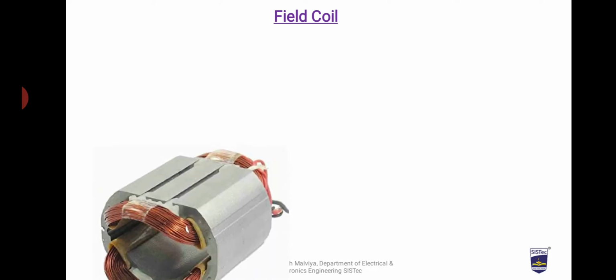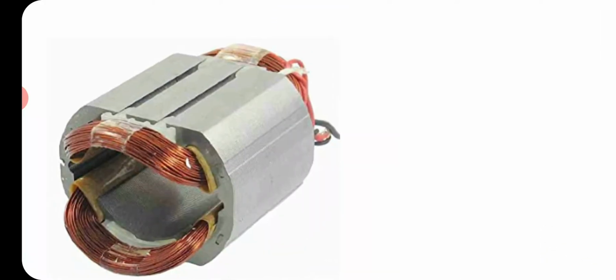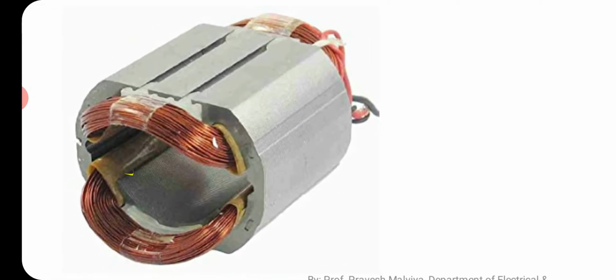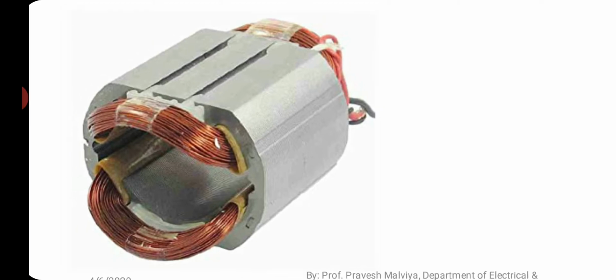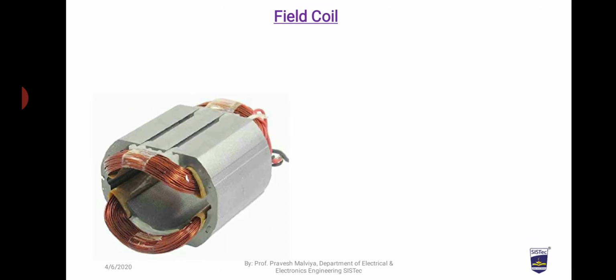Now coming to the next part, the field coil. In the previous slide we discussed the field pole of the DC machine. The field pole provides mechanical strength and housing accommodation to this electric circuit, that is the field winding.